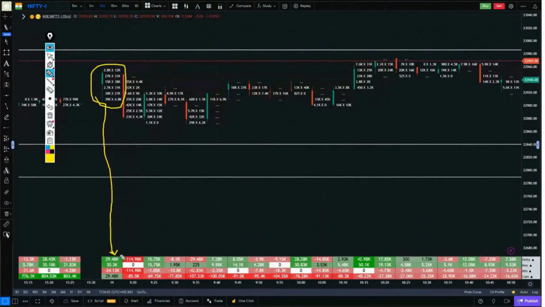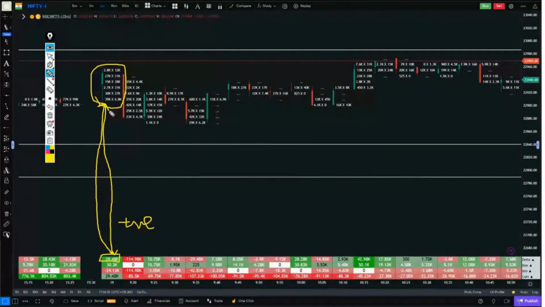There is no negative sign in front of 29, so it means a positive delta. A positive delta always indicates buyers. So the positive delta of this candle is 29,000, and it is noting the buyers. So simply, there are 29,000 more buyers in this candle compared to sellers.